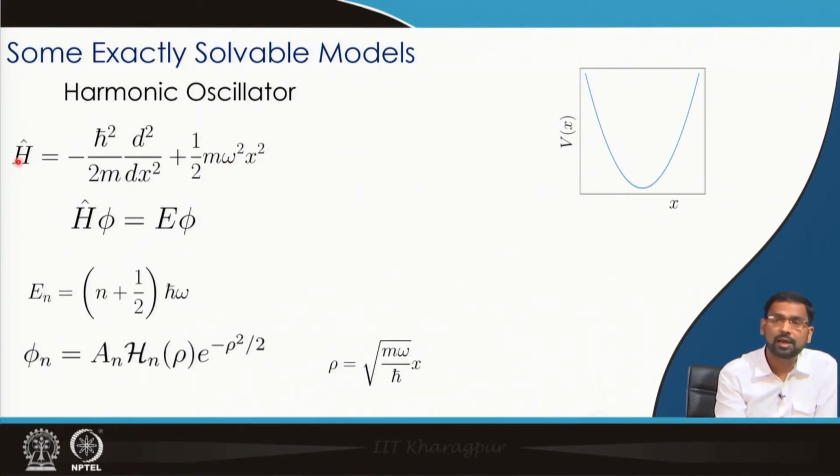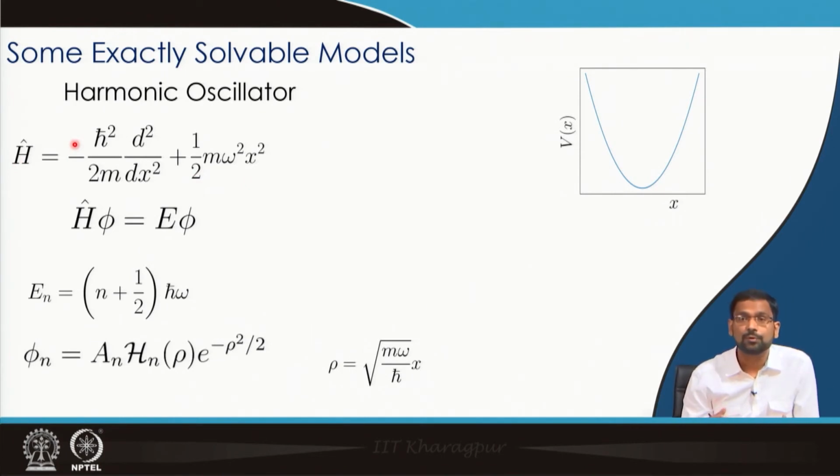Now, looking at the Hamiltonian, as I said, it would always have a kinetic energy contribution and a potential energy contribution. The potential energy we established. The kinetic energy is again simple, because we have a particle with a particular mass m, so it has a corresponding kinetic energy operator.